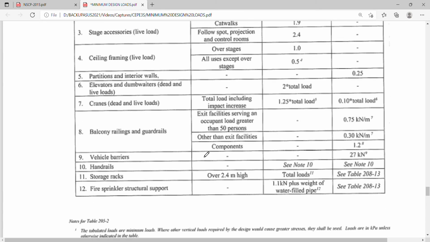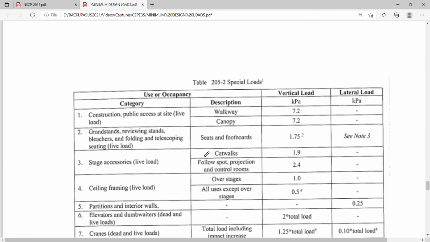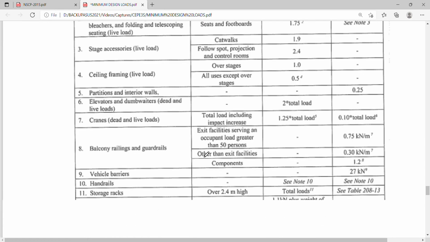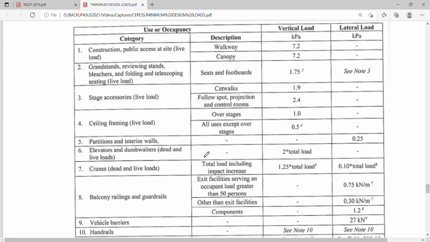So for the table here for special loads, we have some very good categories here that we may use when we have some situations.